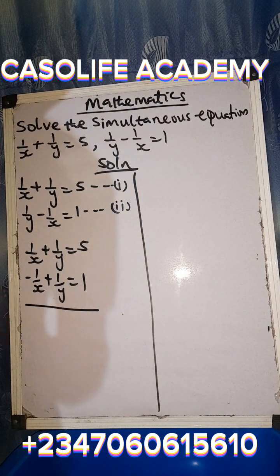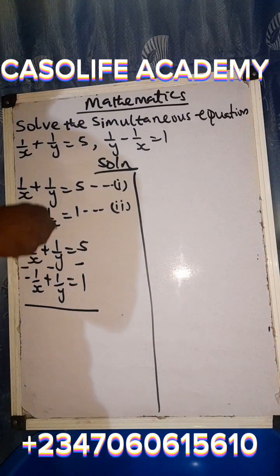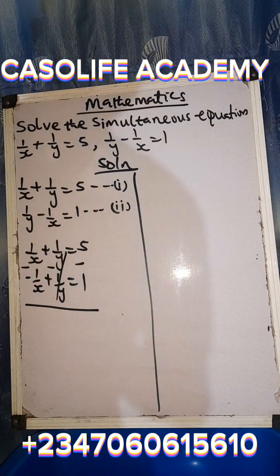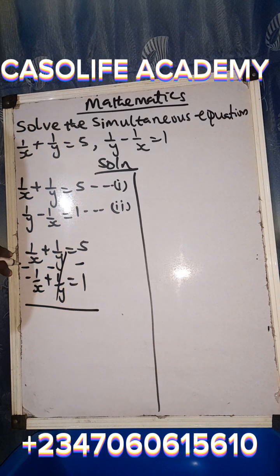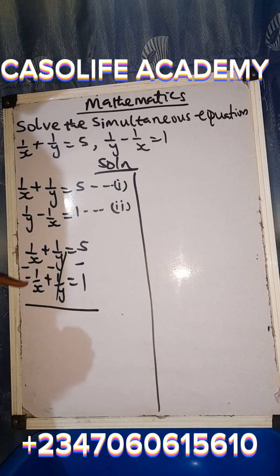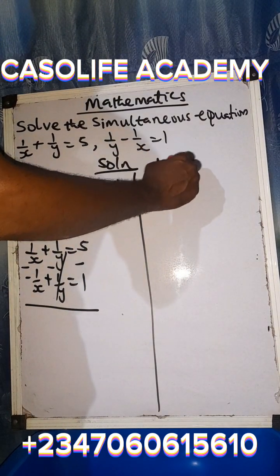We eliminate by doing what? Subtract. So 1 over y minus 1 over y is 0, so this one will go out. Then 1 over x minus minus 1 over x, minus minus gives us plus, so we now have 1 over x plus 1 over x.